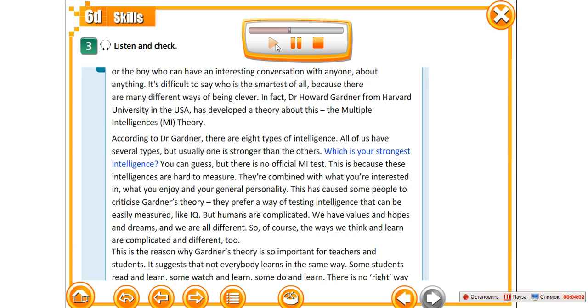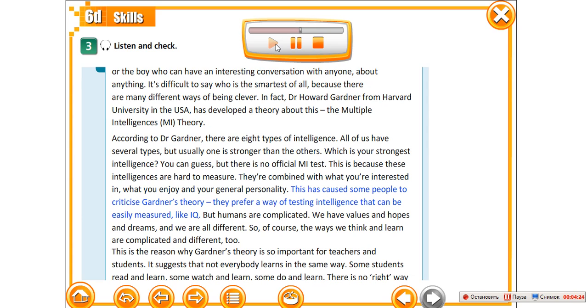Which is your strongest intelligence? You can guess, but there is no official MI test. This is because these intelligences are hard to measure. They're combined with what you're interested in, what you enjoy, and your general personality.